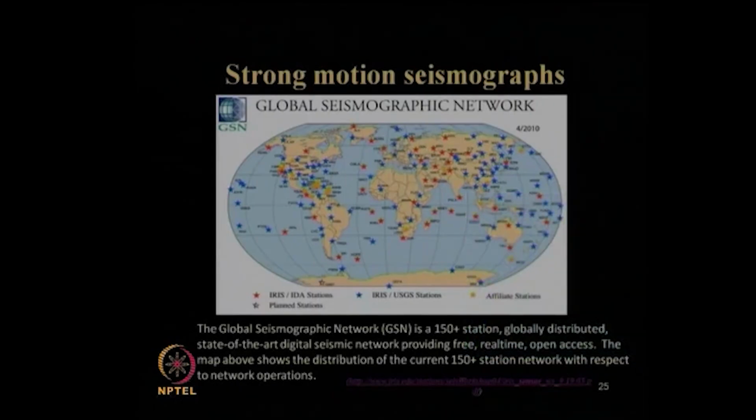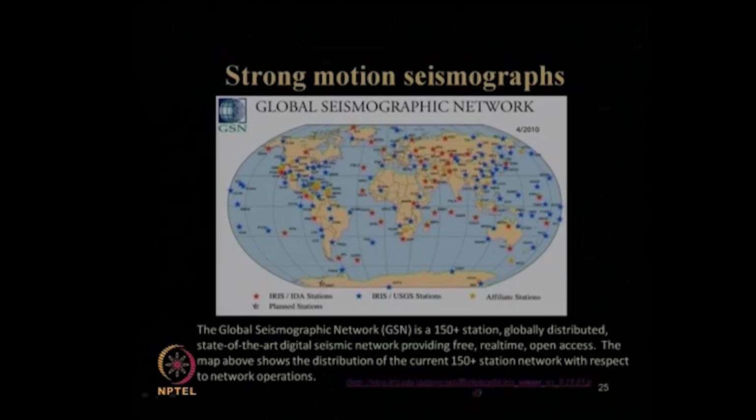Now, this picture shows the various strong motion seismographs, more than 150 stations, as provided by this Global Seismographic Network, GSN. You can see the reference over here for this GSN.